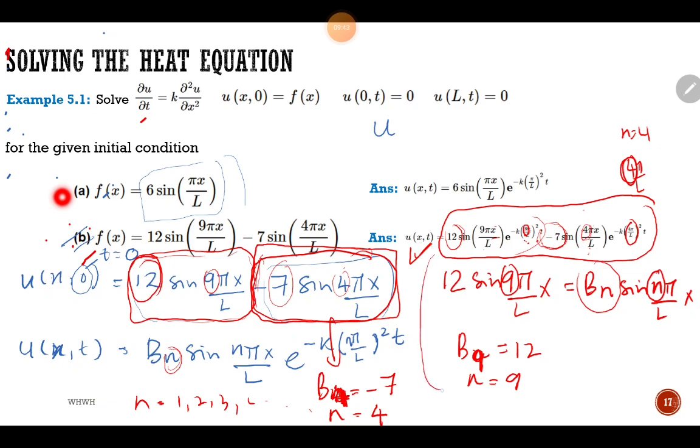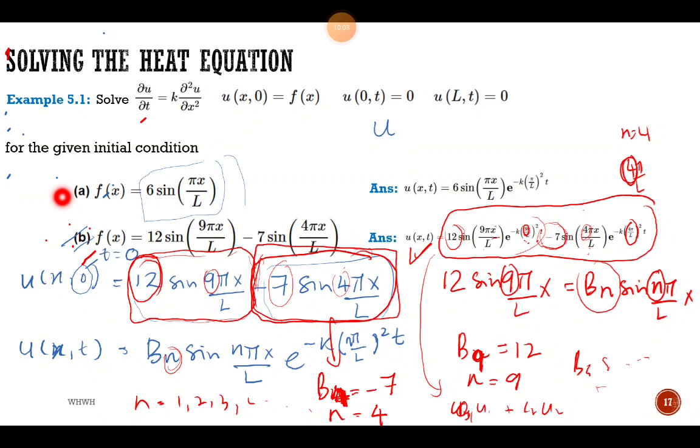So it means for B we have C1 U1 plus C2 U2, or B1, B9, sin and so on, plus B4. That is what it means, we have more than one term for our solution for B. Okay, so hopefully all of you are clear about this.